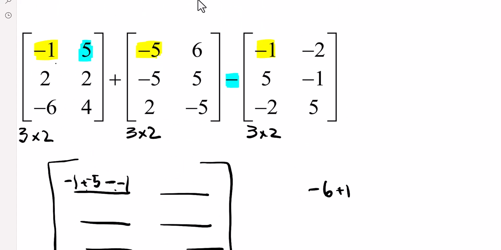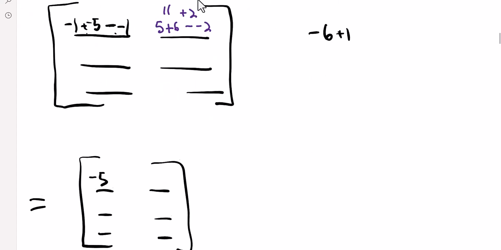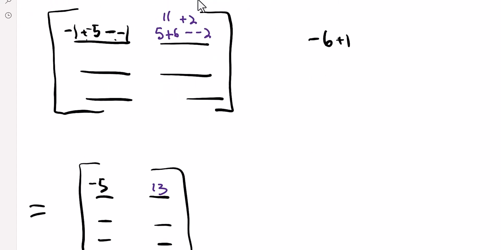So we have 5 plus 6 subtract -2. So 5 plus 6 equals 11. Subtract -2: subtract a negative means adding a positive. So that's 11 plus 2, which would be 13 right there.